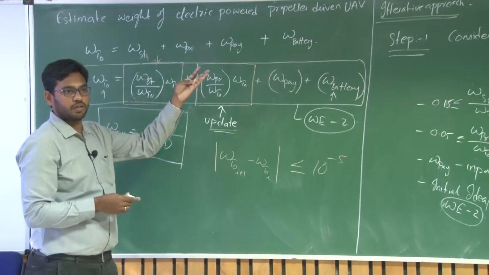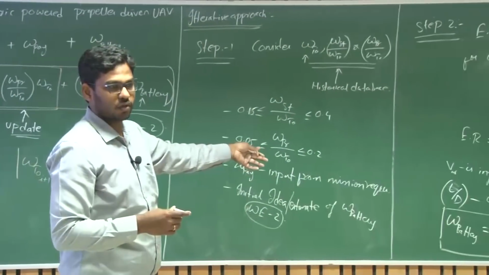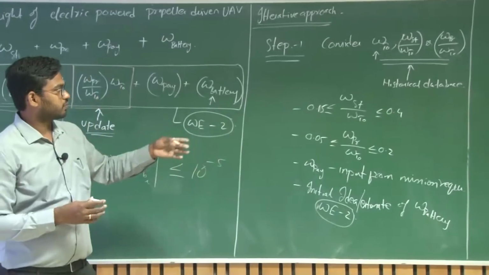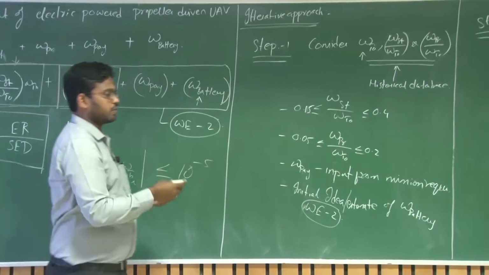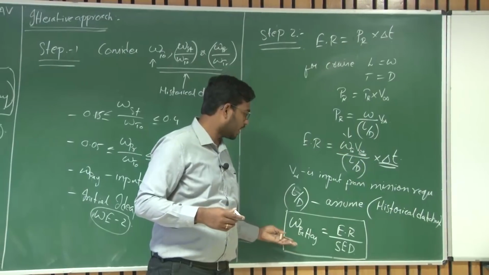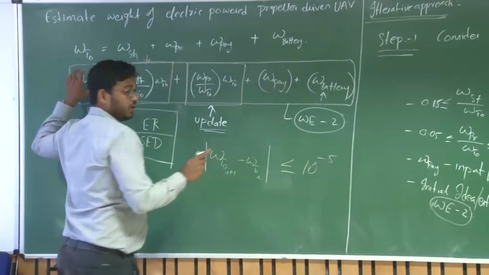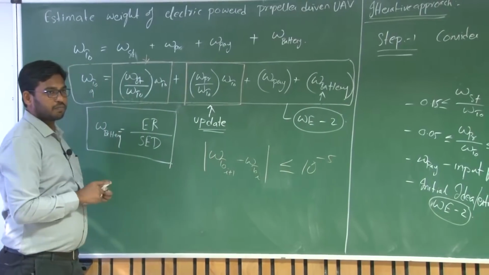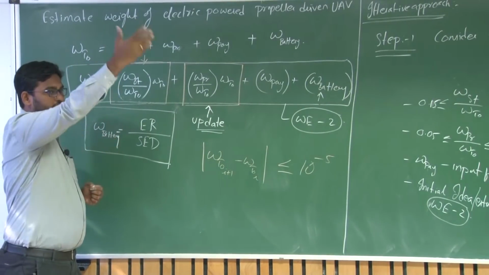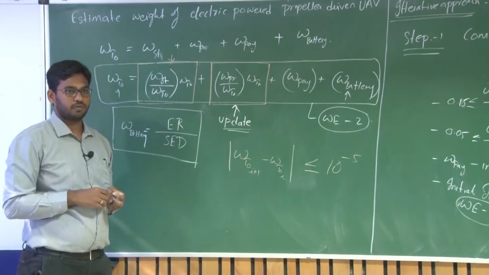The same UAV which is available can do the new mission requirements. But if the mission requirements are different, maybe the velocity or the time of flight is different, generally you don't end up having the same battery weight. That means you are updating the overall takeoff weight. This is the first step where you are bringing the weight estimation of a previous UAV to your current UAV.